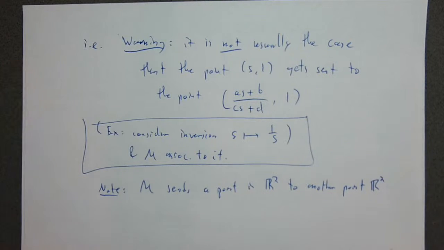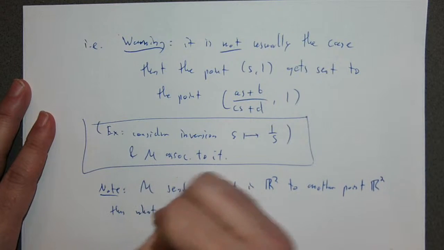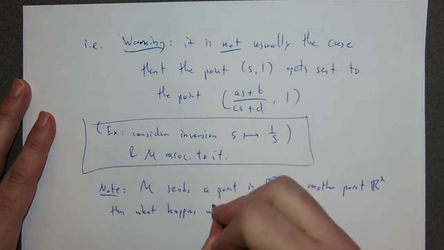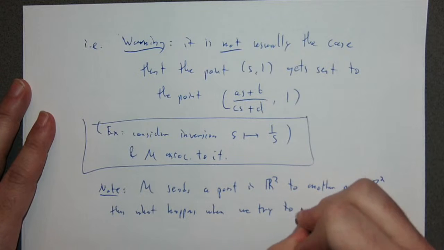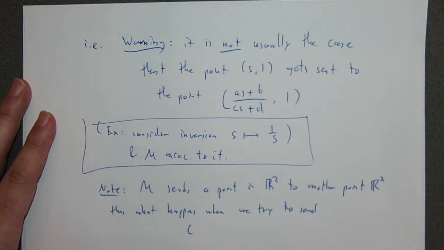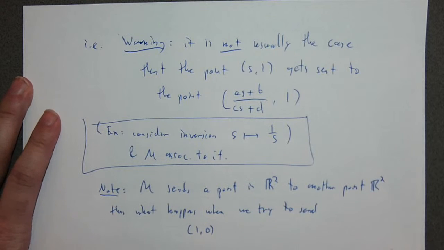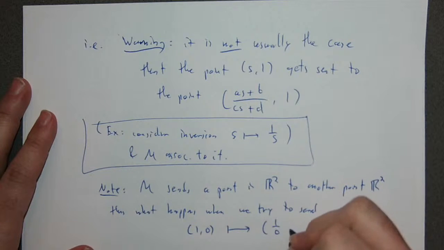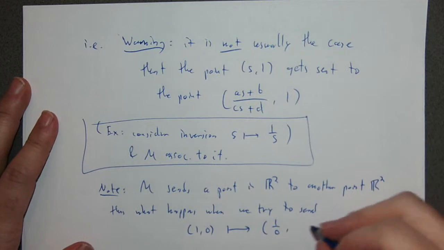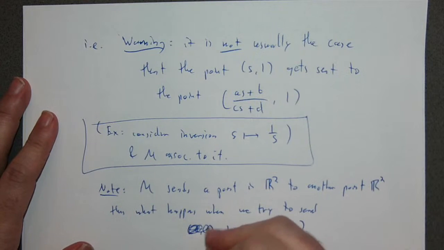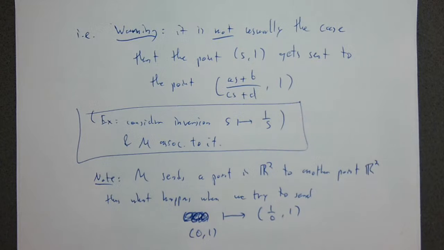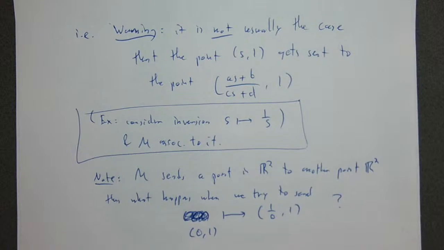Thus, what happens when we try to send the point (0, 1) to the point (1 over 0, 1)?